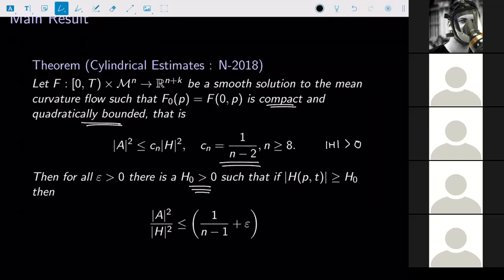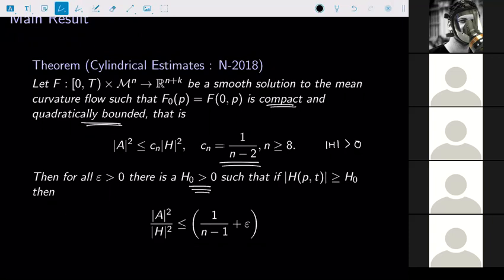Then the curvature ratio |A|^2 divided by H^2 is actually improving. So you can see here that this c_n started off with 1 on n minus 2. And the cylindrical estimate is saying that if the mean curvature is sufficiently large, then |A|^2 divided by H^2 is approaching a better constant, it's becoming 1 on n minus 1 with some small error, which is just an epsilon.